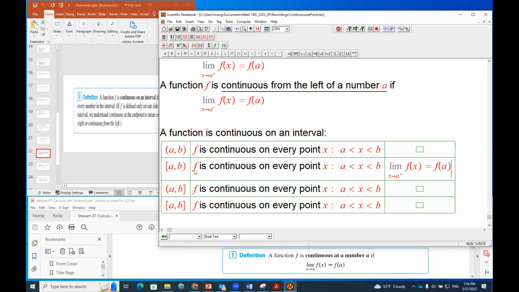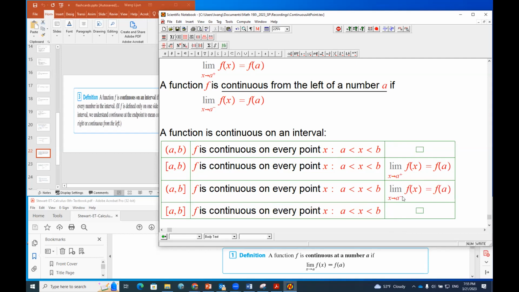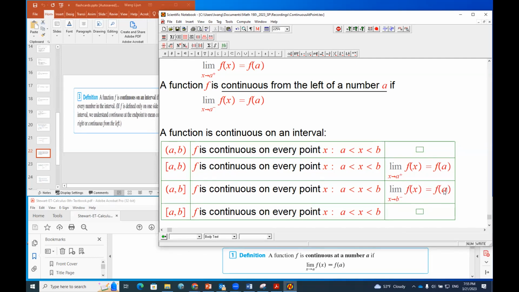Not only this piece, when x is approaching a from larger than a, the limit is the same as the function's value at a. How about b? b would be the limit from the left. It is continuous from the left, but this is at b, and that's f of b.